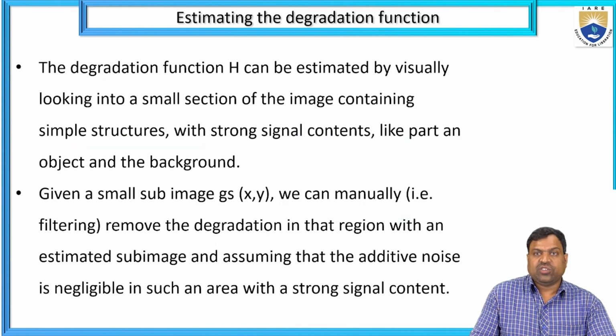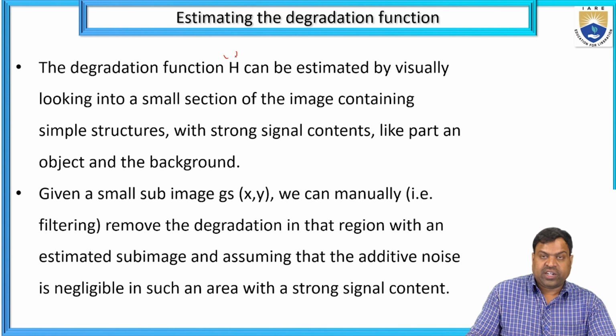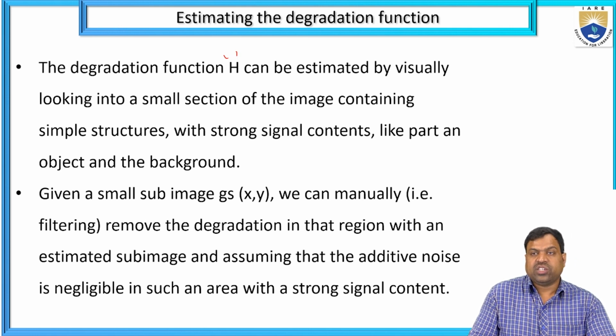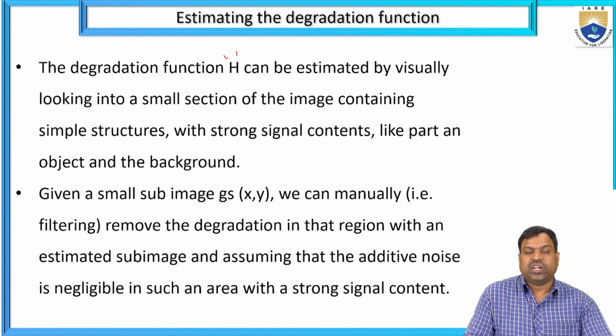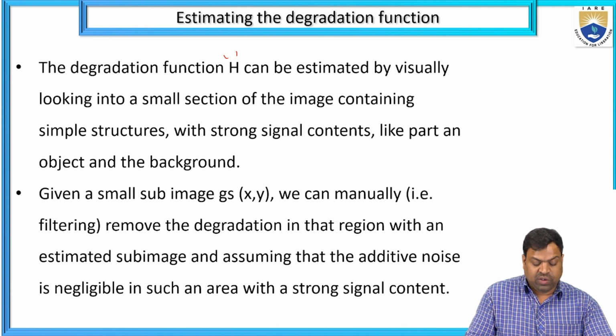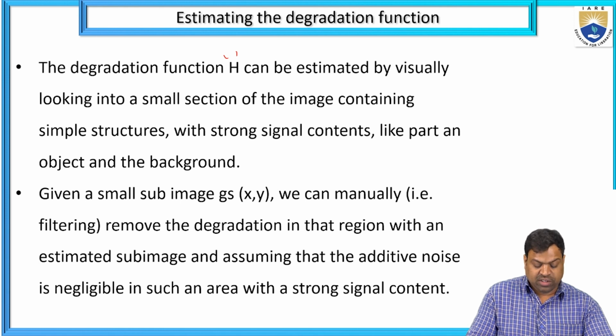The degradation function h can be estimated by visually looking into a small section of the image containing simple structures with strong signal content, like an object and the background. So given a small sub-image gs of x, y, we can manually filter to remove the degradation in that region with the estimated sub-image, assuming that the additive noise is negligible in such an area with strong signal content.